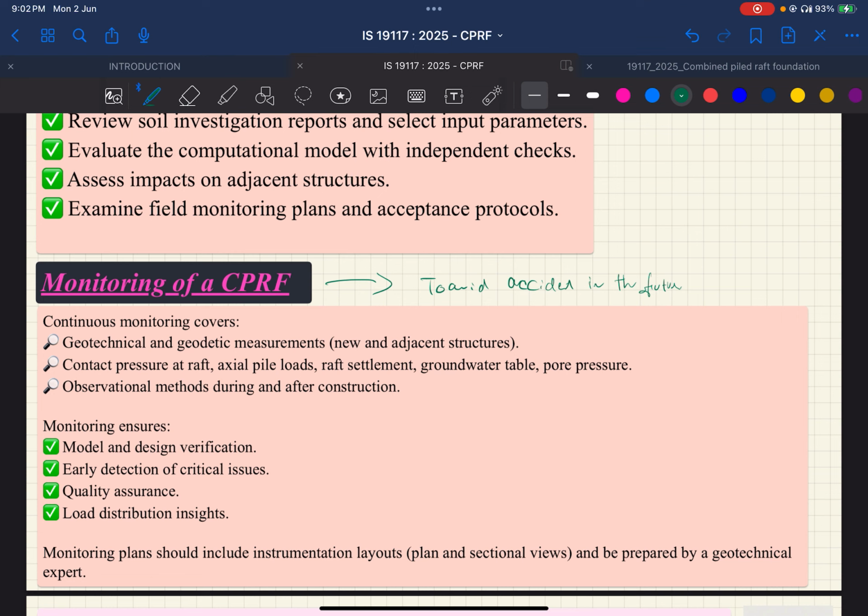So what happens exactly if we are doing this monitoring, where do we place it? We will be placing the monitoring systems like geophones and settlement markers on the ground surface.